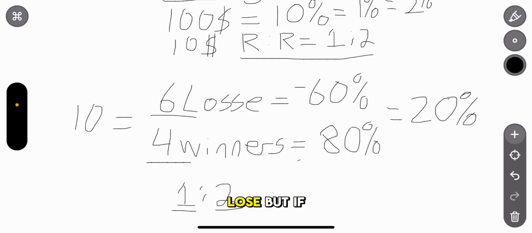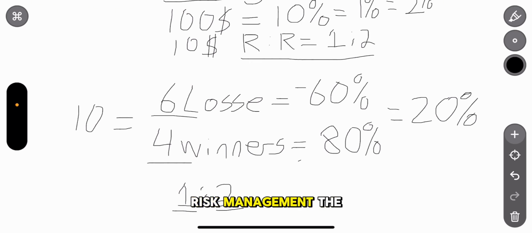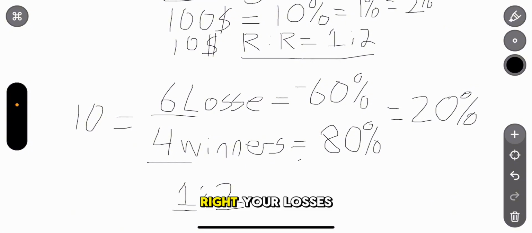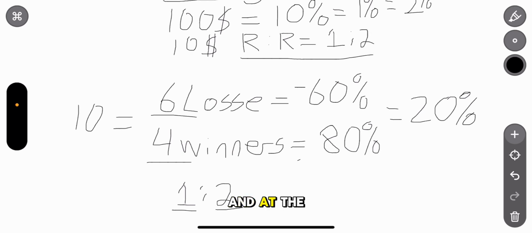Okay, so you will lose, but if you do your risk management the correct way, right, your losses are not going to be bigger than your winners. And at the end of the week, at the end of the month, you should still be in profit if you manage your risk the correct way, using the risk to reward, or R that we talked about in the previous video.